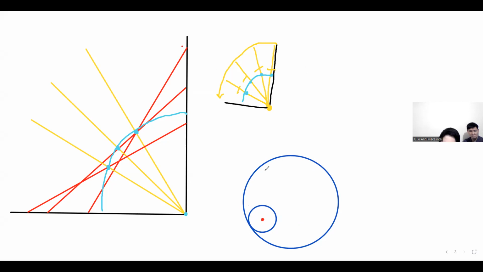I forgot to prepare another animation for this. Anyway, imagine this circle moves along the inner surface of the other circle. So what is the path traced by this center? If it's moving fast enough, it will sort of look like this.